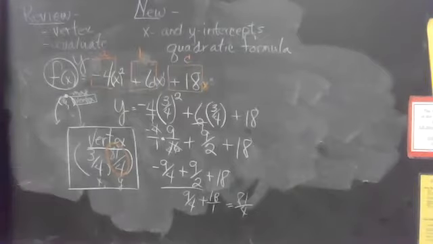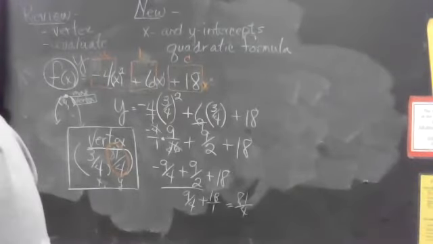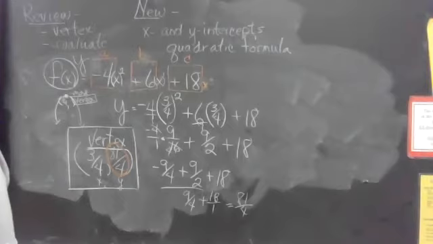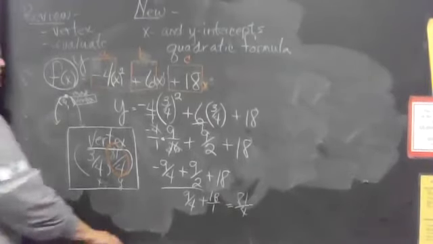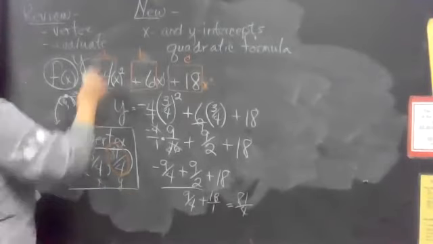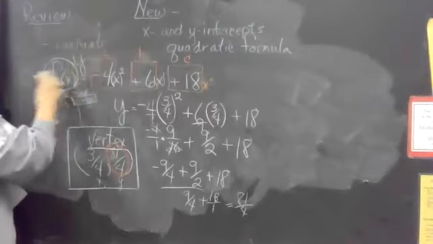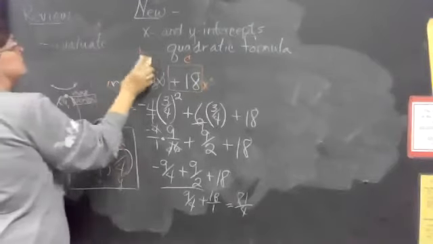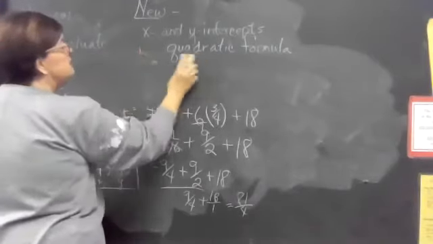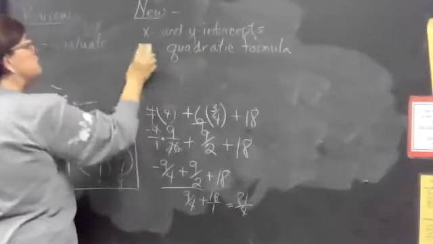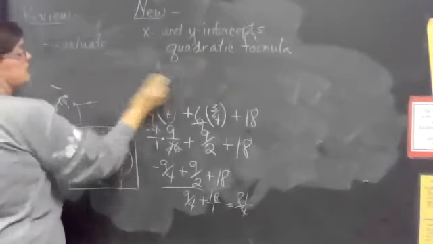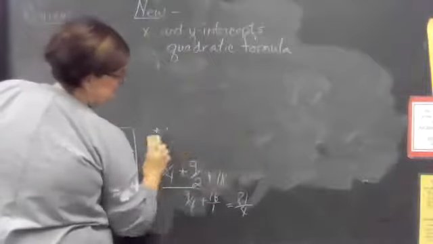So the next paper, this was a review from yesterday. And the next paper, I didn't go over it in the video so much yesterday. We've done vertex. It's evaluating an equation given a specific value. So this is on a worksheet that I sent to you yesterday.